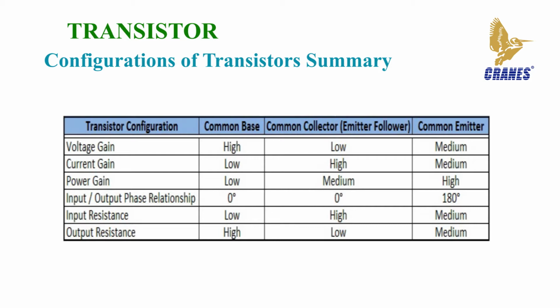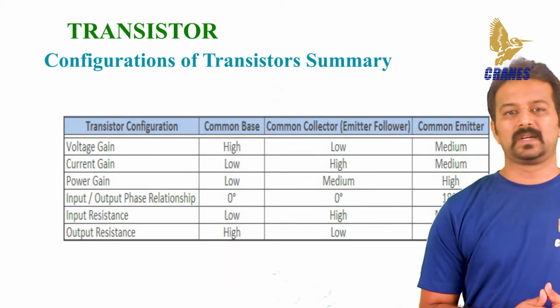The BJT transistors have mainly three types of configuration. They are common emitter, common base and common collector configurations. Among all these three configurations, the common emitter configuration is the most used type. These three have different characteristics corresponding to both input and output signals. And also these three configurations have very few similarities.